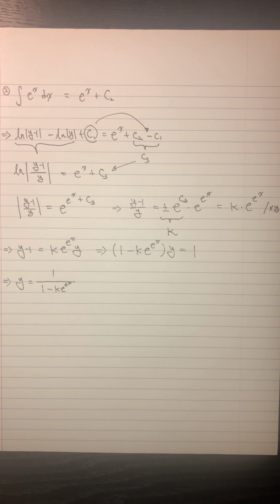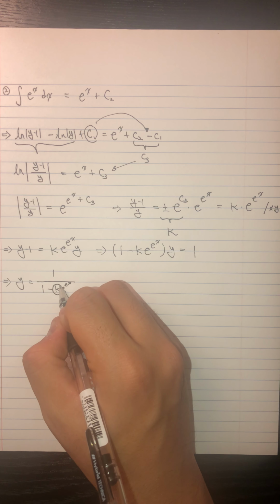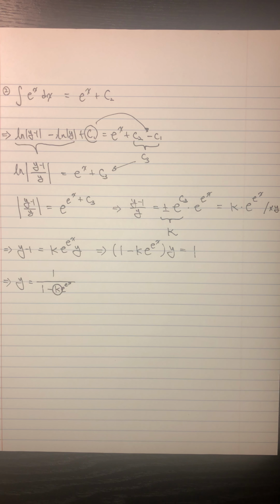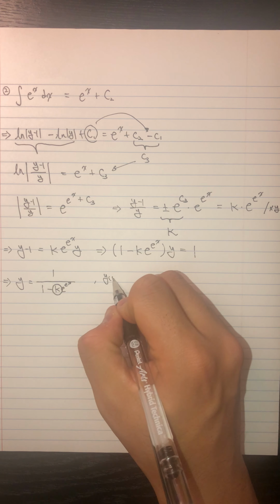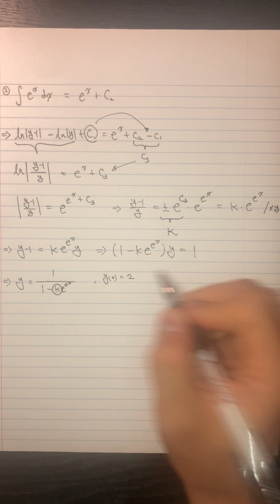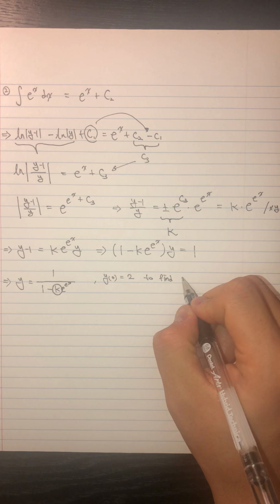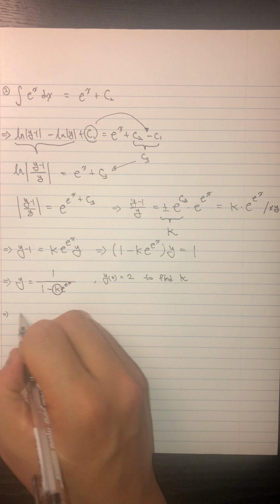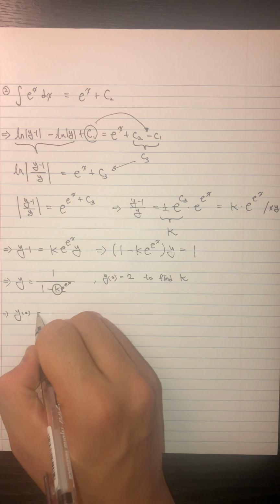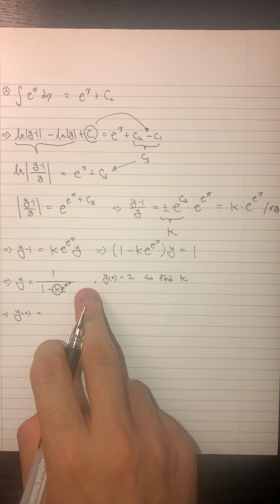But we still don't know the constant k. To find this value, we're going to use the initial value, y(0) equal to 2. What is y(0)? It means we put 0 instead of x right here.